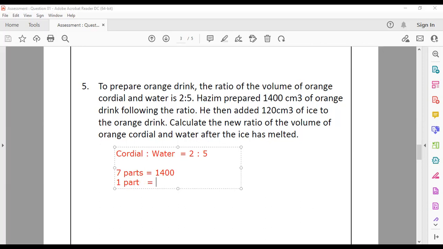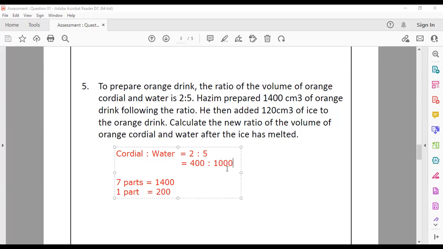You take 1,400 divided by 7, 200. Exactly. So coming back to our ratio, I'm going to put in there 2 times 200. How much would that be? 400. 400 for the cordial, and the other one would be 1,000. Yes or not? For the water.